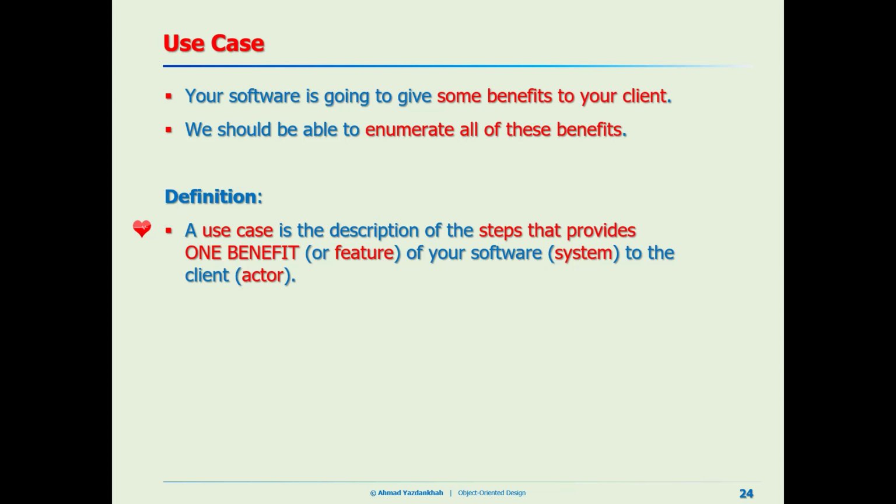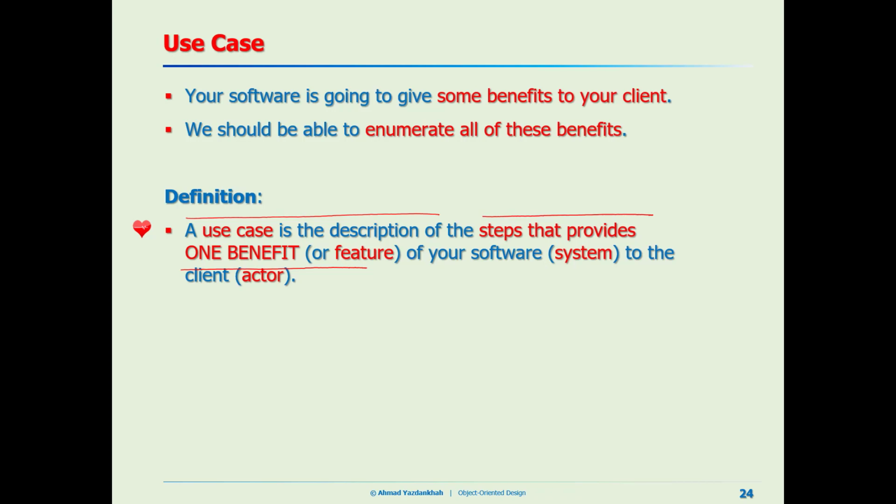So in use case, you are going to describe step by step only one benefit. So how the user and the system will interact with each other to give that benefit.